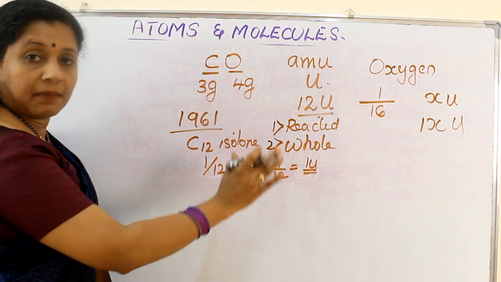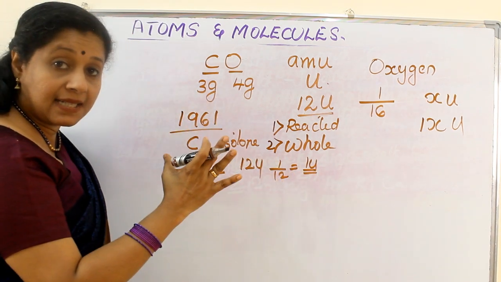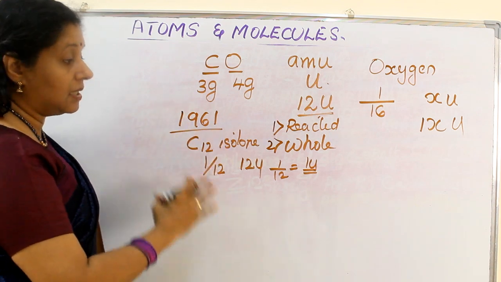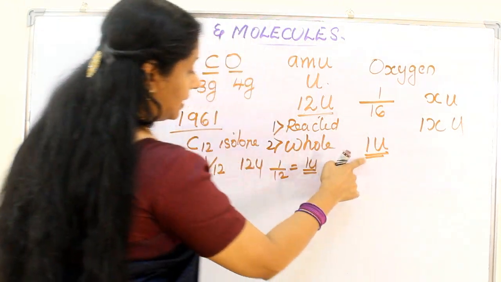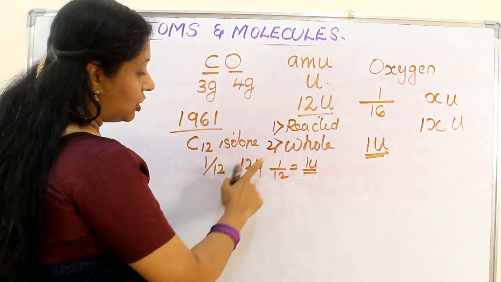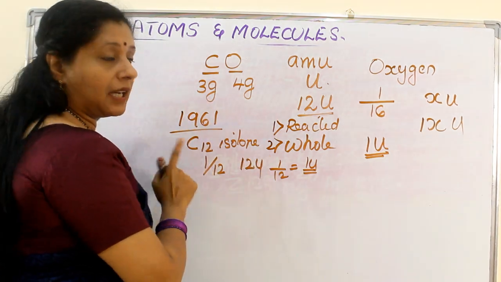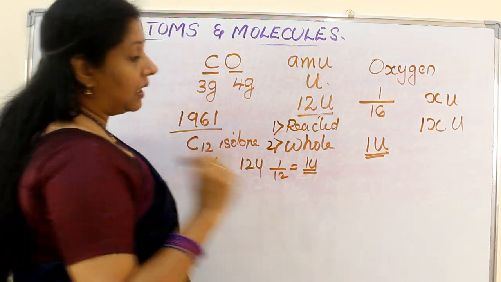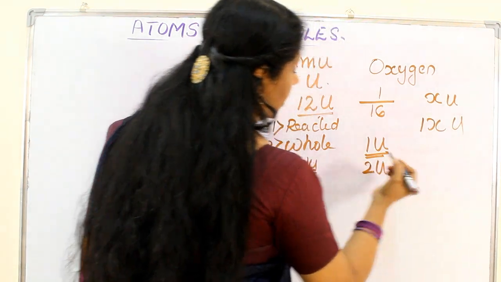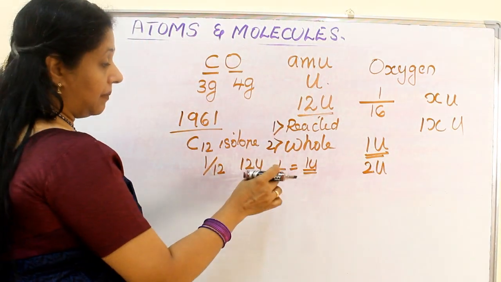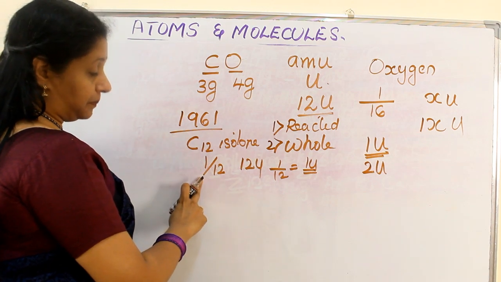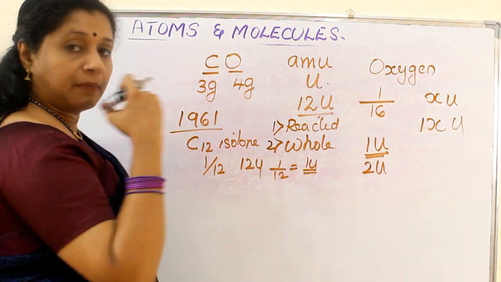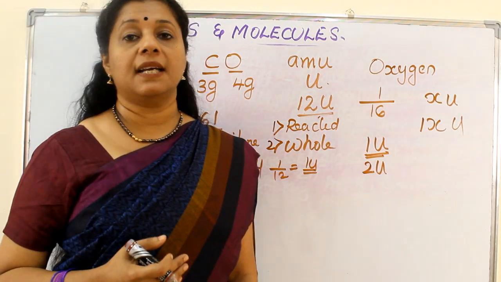That is the parameter we are now using as the standard measuring parameter. Suppose hydrogen is 1 unit, it means hydrogen has a mass equivalent to 1 by 12th of the mass of a carbon-12 isotope. Helium is, suppose, 2 units. If I say helium has a mass equal to 2 by 12, helium has 1 by 12th of the mass of the isotope, 2 times it is calculated.